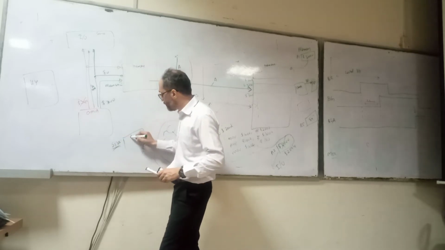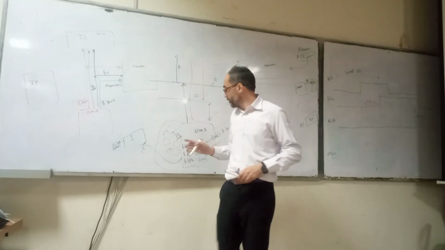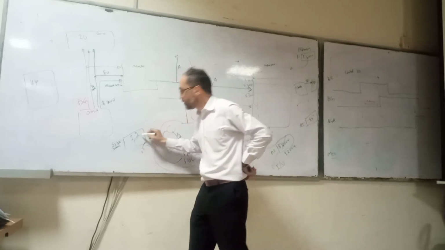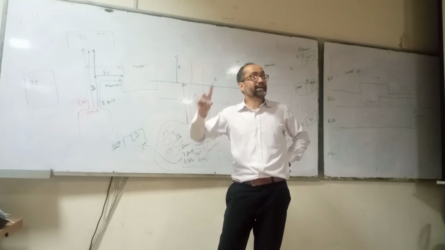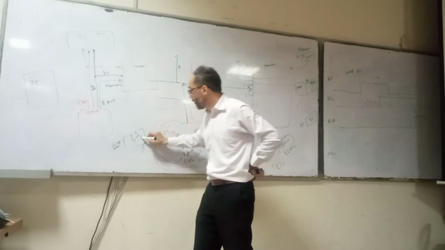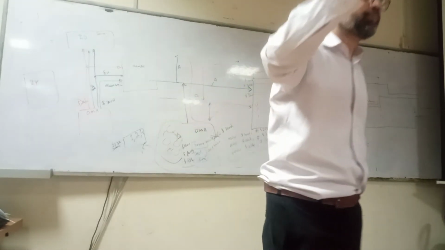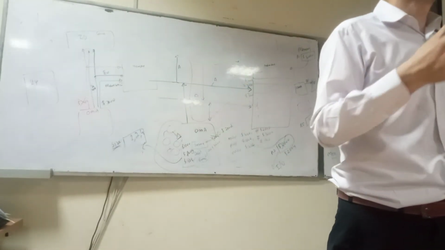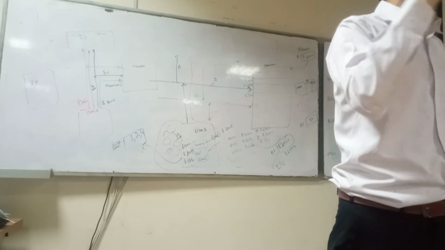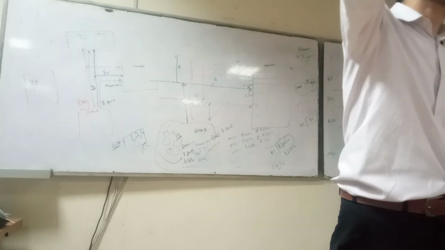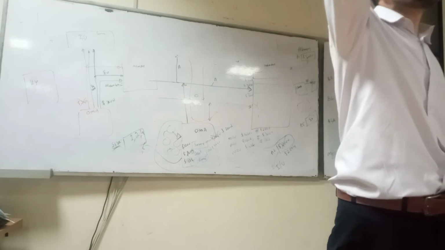If it is 1, it will increment the address by 1. If it is 2, by 2. And if it is 4, by 4. It depends upon whether you want to transfer 100 bytes, 100 words or 100 long words.